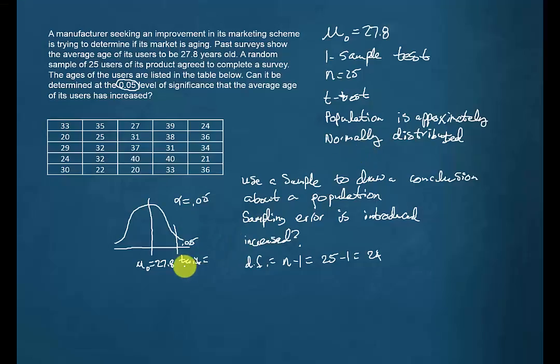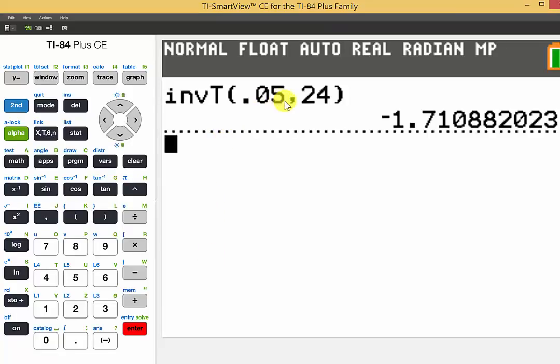Ours is a right tail test. It should be a positive number, and it will be a positive number because what we did this time was use 0.05 instead of 0.95. And we remember that this inverse t function uses the accumulated area.